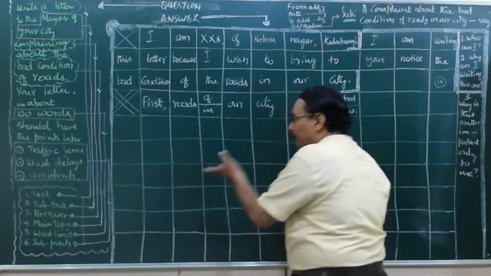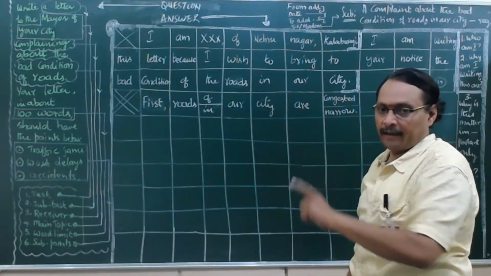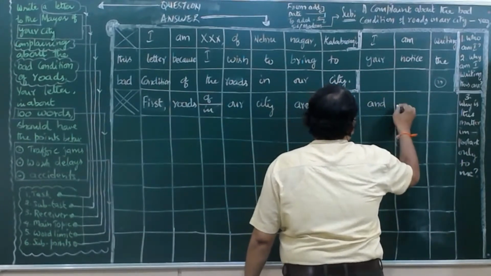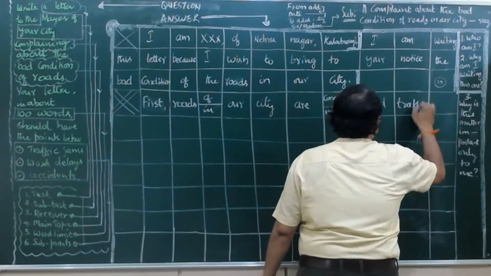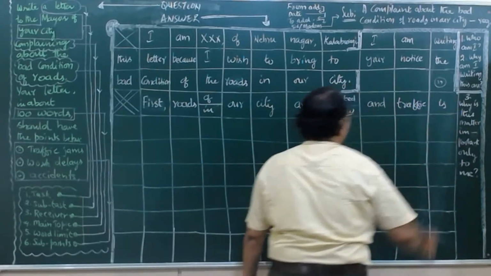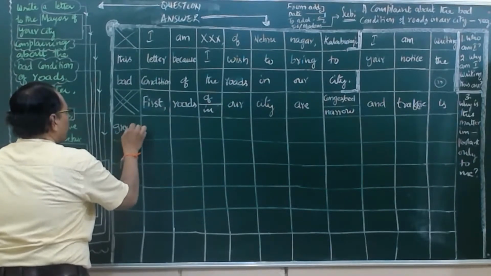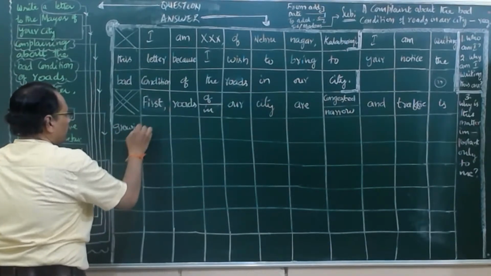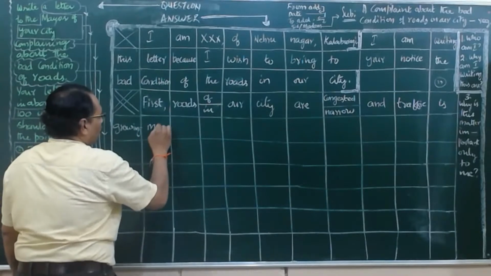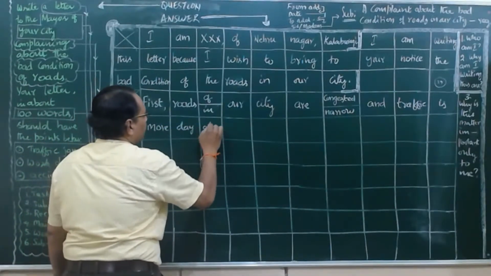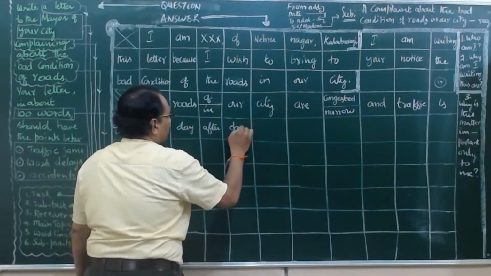Second is that because they are narrow, okay, and traffic is more, and traffic is growing, okay, increasing, growing more day after day.